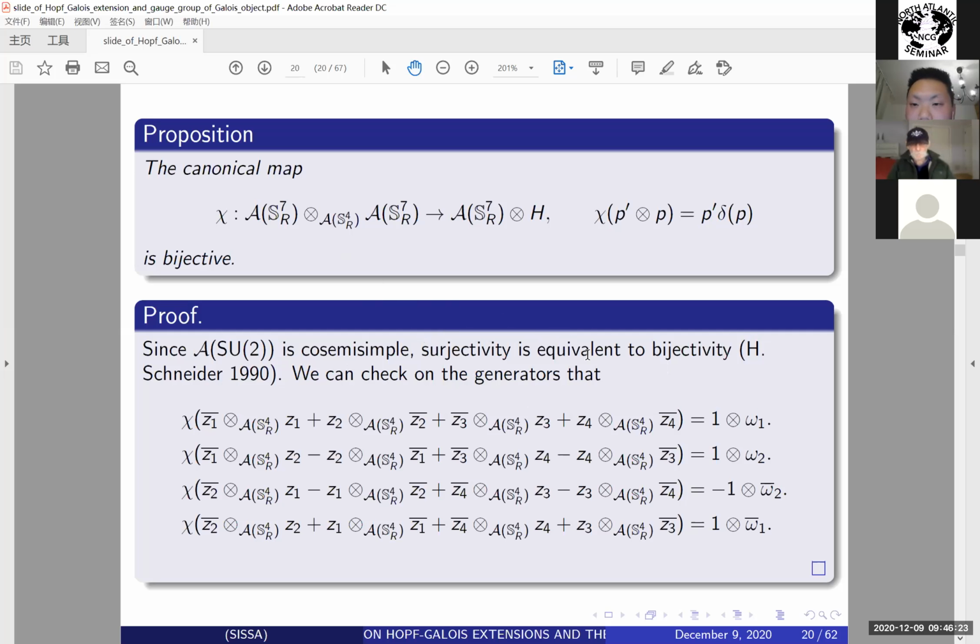Just a silly question. When you look at your S7R, you do have some natural C-star completion. Am I right? I think so. There should be some C-star completion, but in this case, we didn't think about the C-star condition yet. But I think there should be some C-star completion over this algebra, but we didn't work on this direction.